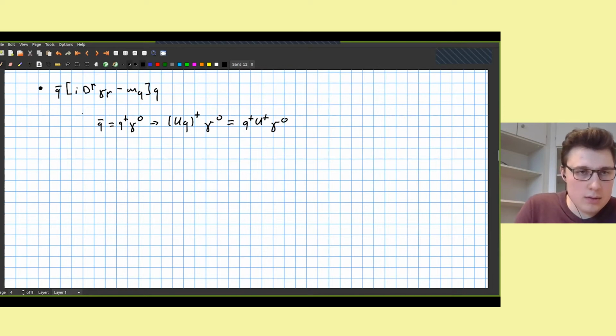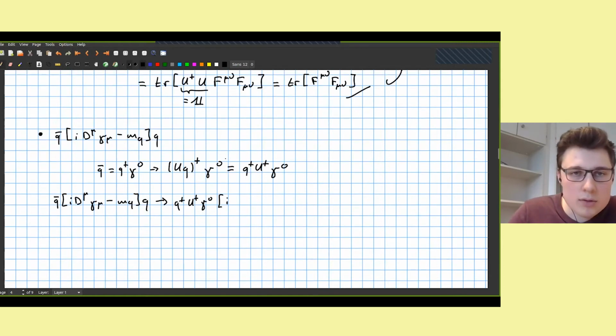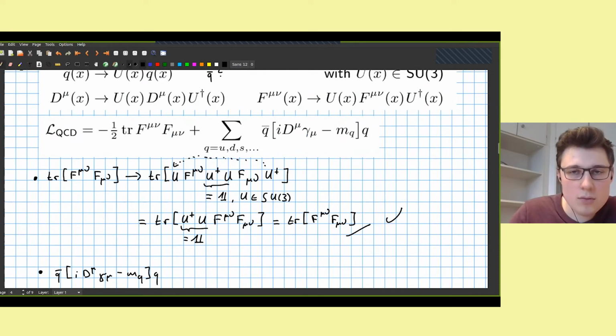Then this means that Q dagger I d mu gamma mu minus MQ Q transforms as Q dagger U dagger gamma 0 I. How does the covariant derivative transform?